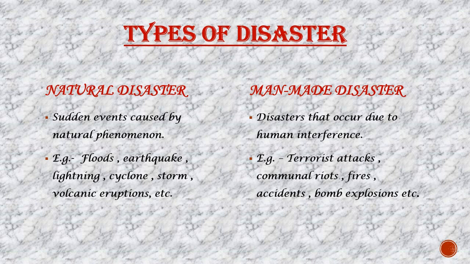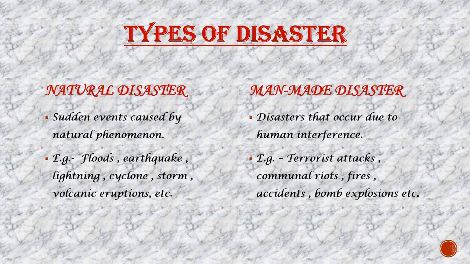What are man-made disasters? These are disasters that occur due to human interference. These occur due to deliberate or negligent human action. For example, terrorist attacks, communal riots, fires, accidents, bomb explosions, etc. And students, it should be noted that irresponsible human behavior may also indirectly lead to natural disasters.